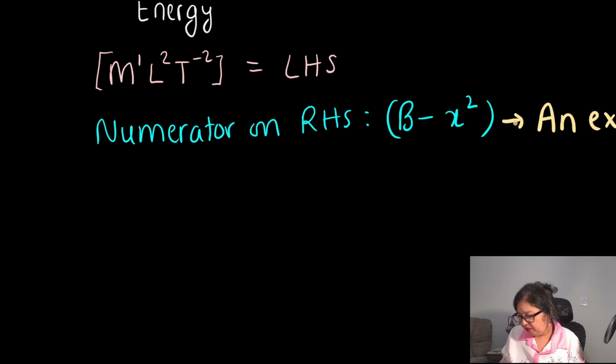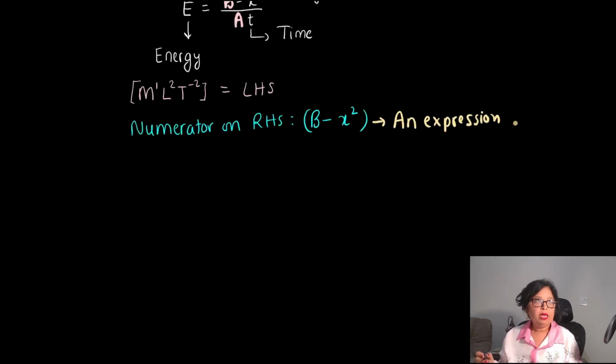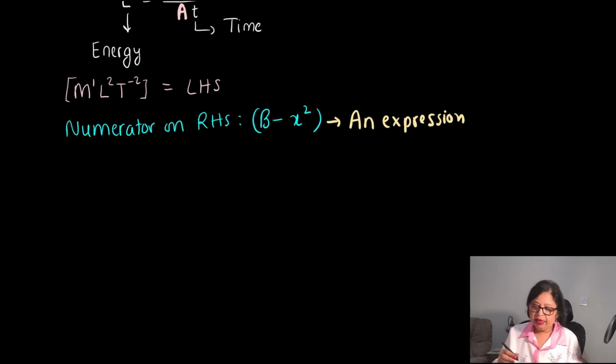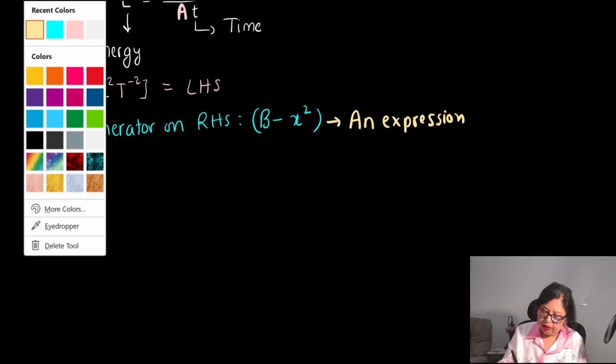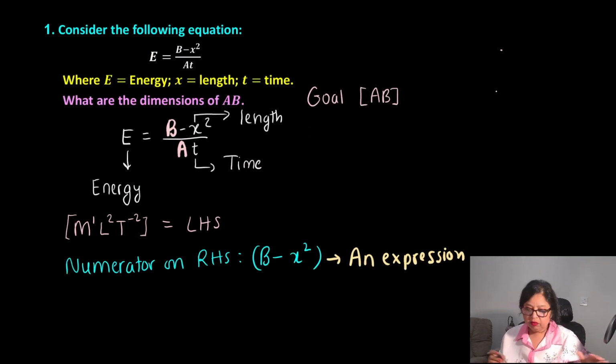So what's the difference between an expression and an equation? An equation will have an equal sign, while an expression doesn't have an equal sign. So B minus X squared is an expression, while E equals B minus X squared over AT was an equation. I hope that now you have understood the difference between equation and an expression.